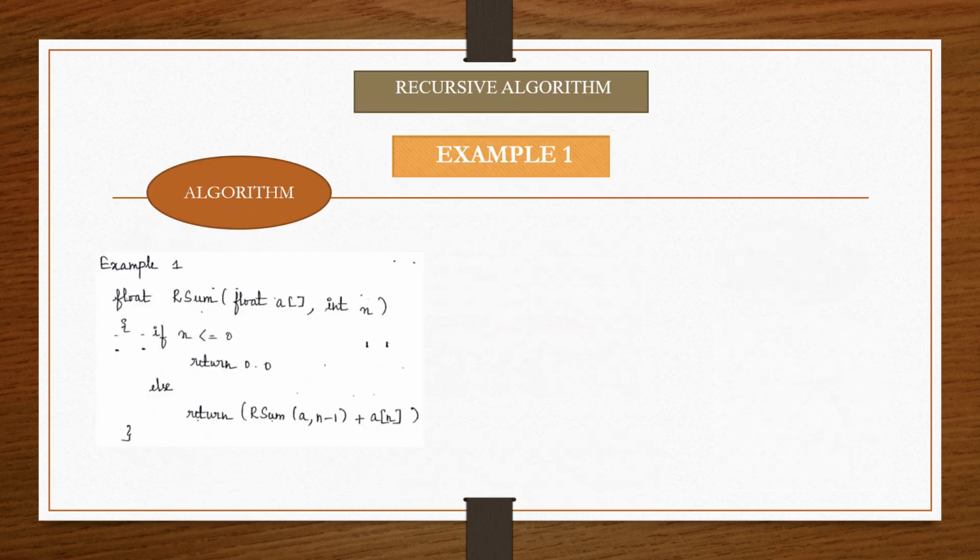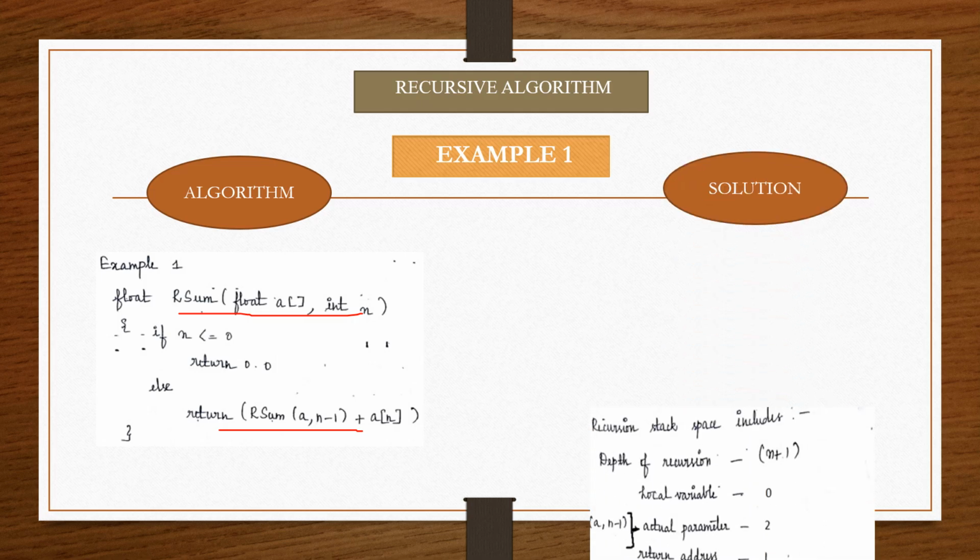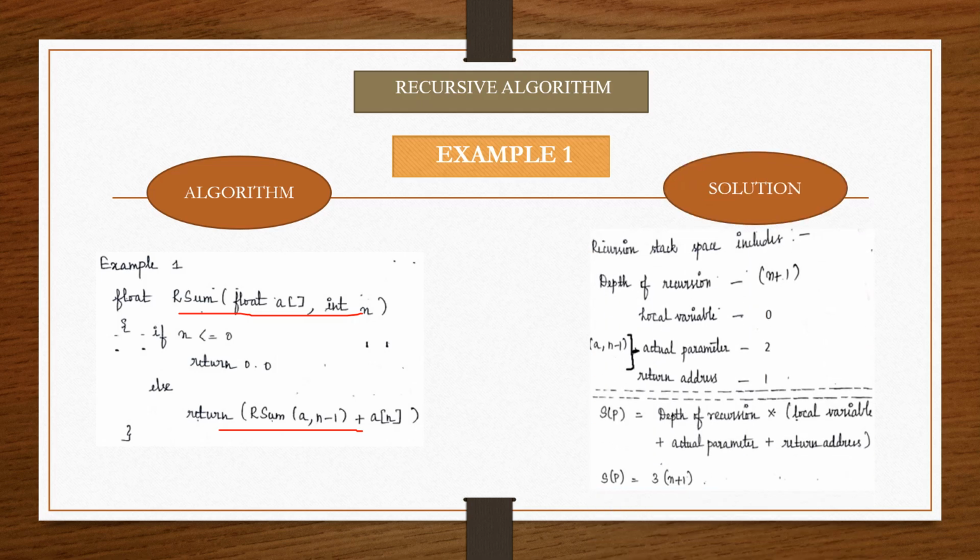So here is an example. This is an algorithm wherein this function is recursively called here, so again and again this function is going to be called. So the solution is, the depth of recursion: how many times will this function be called? That is depth n plus 1. And for each recursive call, we need to identify the three parameters: the local variable, the actual parameter and the return address.